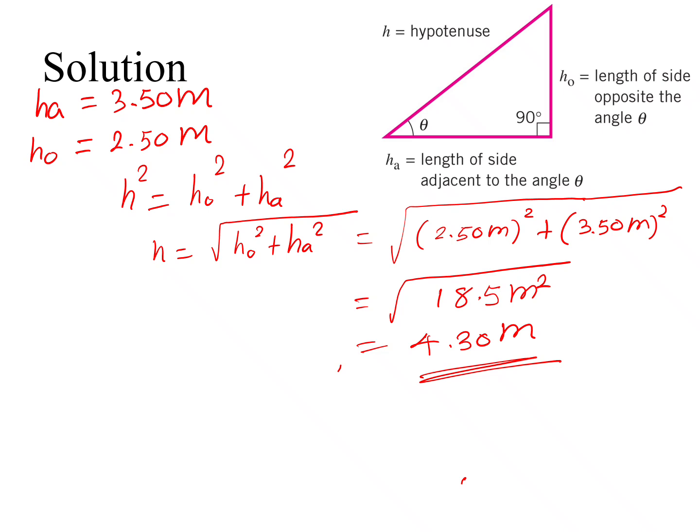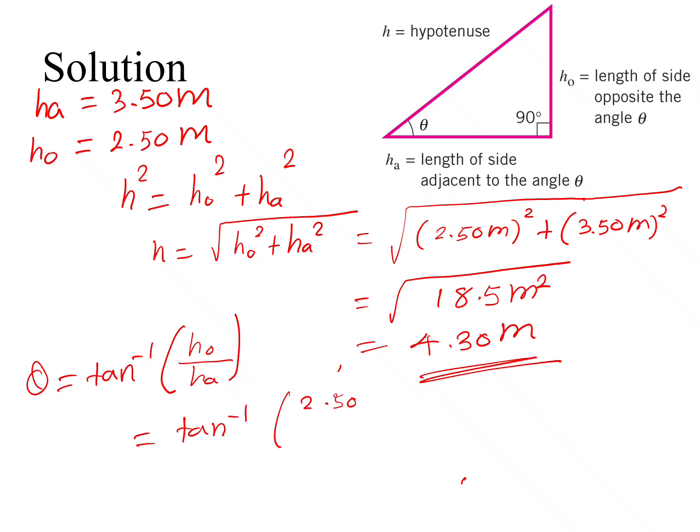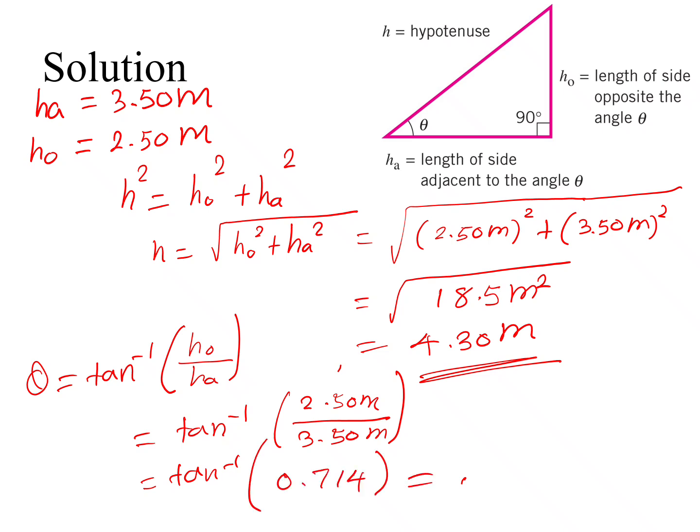And to find the angle, we use theta equals tan inverse of HO divided by HA. So here we have tan inverse of 2.5 meters divided by 3.5 meters, and this equals tan inverse of 0.714, and this equals 35.5 degrees.